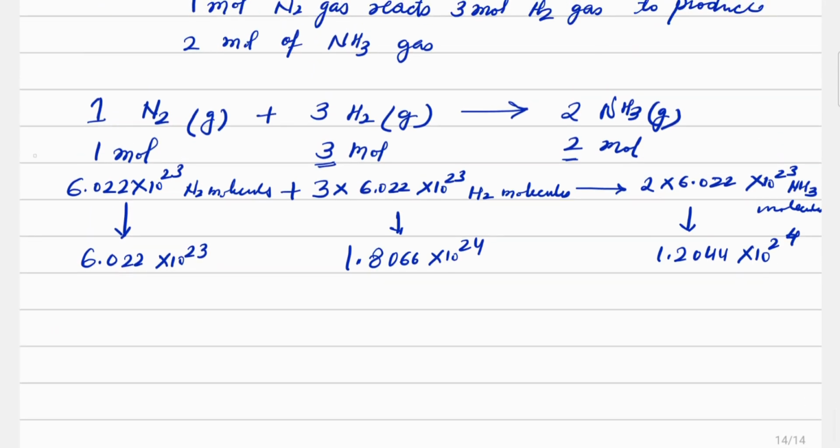Now, first thing first, the amount. Then Avogadro's number, that is number. Now we can talk about the mass. So 1 mole is equal to the mass of that particular molecule in grams.